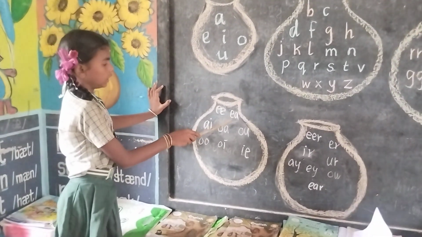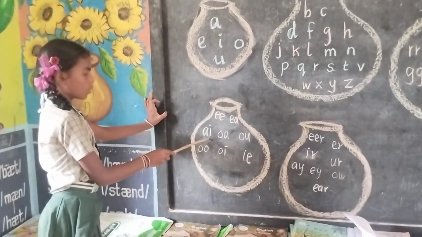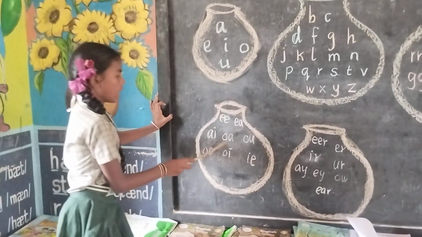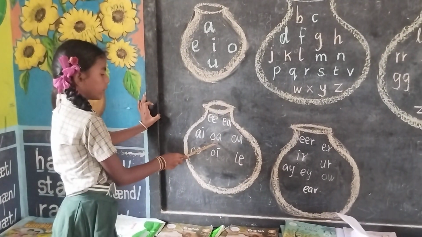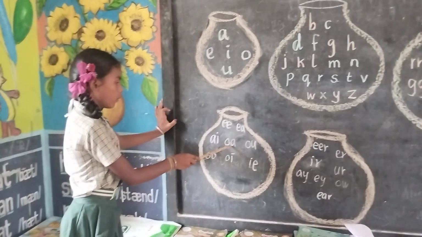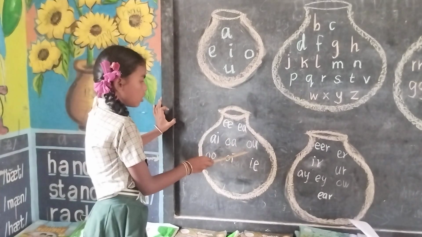Good. The letters AI and the sound A. For example, chain, gain. Good. The letters OA as the sound O. For example, road.